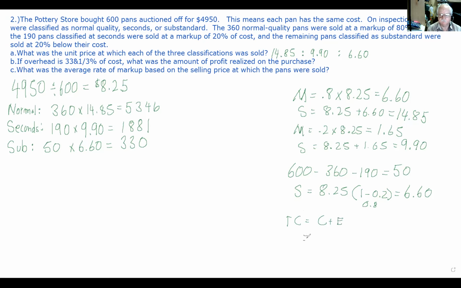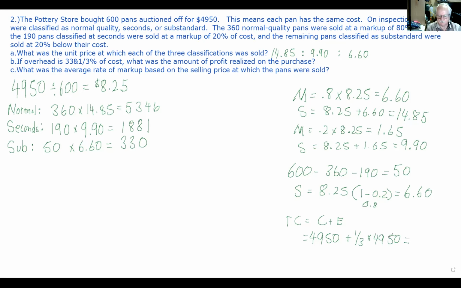And we know what their cost was. It was 4,950. I'm going to take this 33.33% and change it into 1/3. And it's 1/3 of cost. So times 4,950.